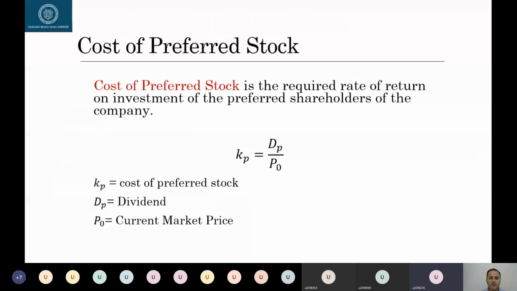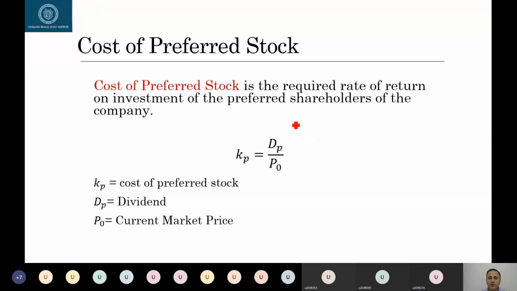So cost of preferred stock. Preferred stock, if you remember, is like a hybrid security. It has some features of common stock and some features of bonds or any fixed income security. For example, it carries a fixed interest rate. So cost of preferred stock is the required rate of return on investment of the preferred shareholders of the company.